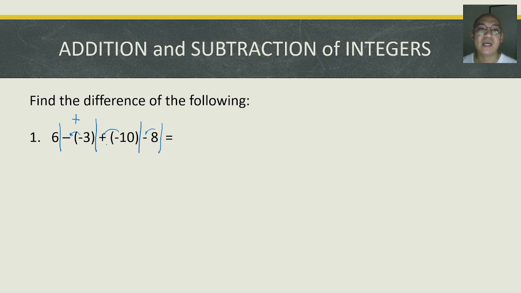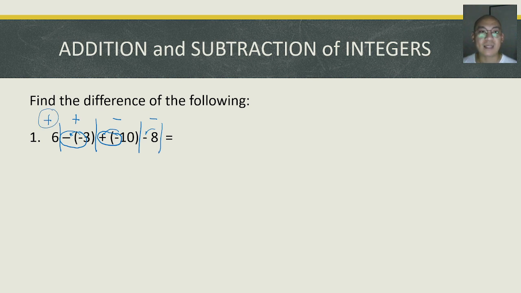If you see different signs, that will become negative. So 6 is a positive, 3 is a positive because we have same sign, 10 is a negative because we have different signs, and 8 is a negative because it has only one sign, which is negative. So we will treat 8 as a negative 8.